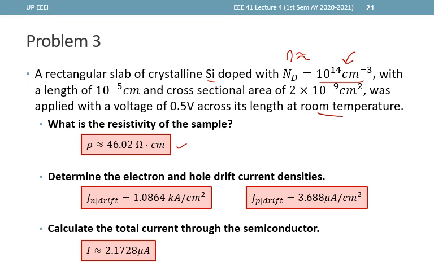For the drift current densities, we just use the carrier concentrations along with the mobility, and now with the addition of the electric field, which is the voltage over length for a uniformly doped semiconductor. So lastly, for the total current, we just multiplied the sum of the drift currents, which is approximately equal to simply Jn drift. We multiply that by the cross-sectional area, so we can get the current through the semiconductor.